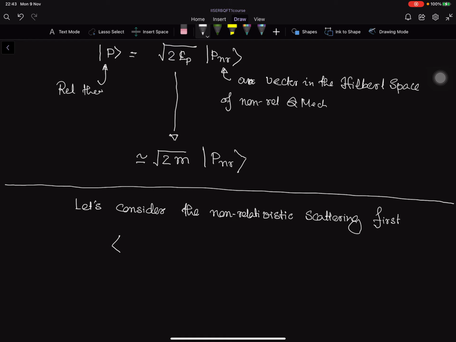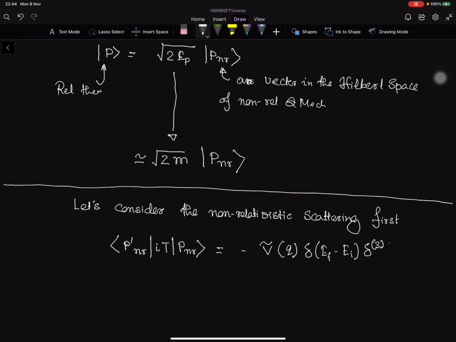In this case, you can show that the non-relativistic scattering of two states due to some potential, the transition element, is the same as i V tilde of Q times the delta function of final energy minus initial energy, times a delta function in three dimensions of P_F minus P_I minus Q. So this is the momentum transfer from the potential.